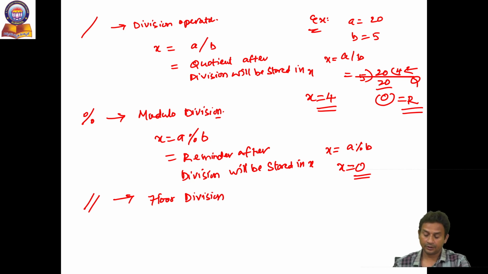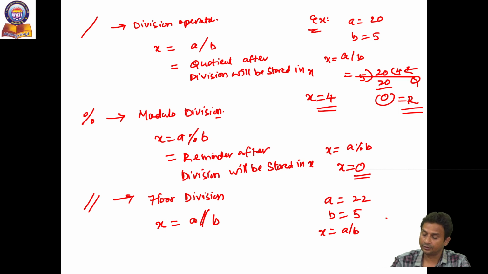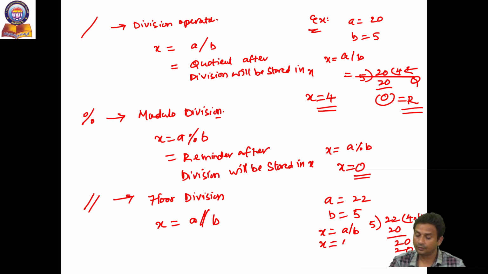Floor division is a bit interesting. Let x is equal to a double slash b, where a is equal to 22 and b is equal to 5. If x is equal to a by b, that is 22 by 5, 5 fours are 20, so if you do the regular division a by b, x would be 4.4.